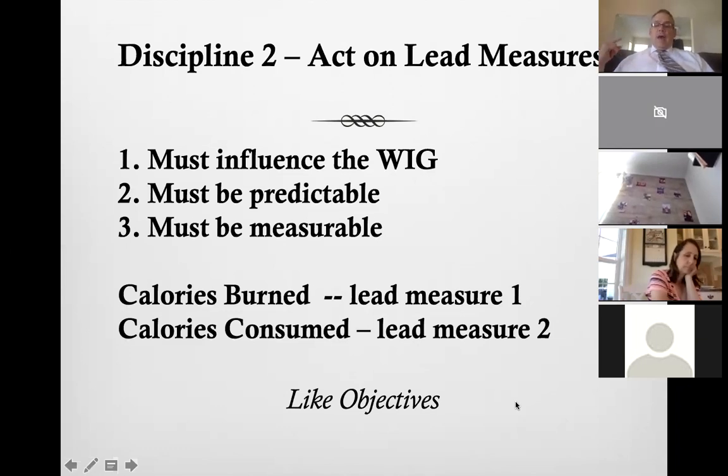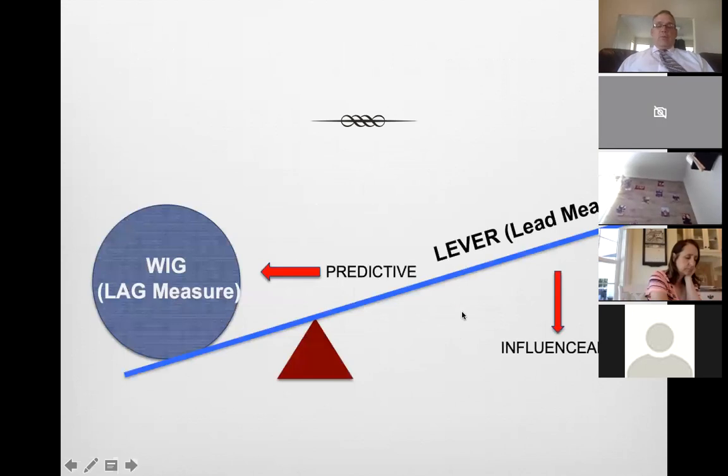And that is, how much am I eating and how much am I exercising? If I eat less or more smartly, and if I exercise more and burn more calories, I can predict that my lag measure, my weight, will drop. And here's an example. The lead measure should have influence, leverage on the lag measure and can predict that it will do it. Okay, any questions so far?